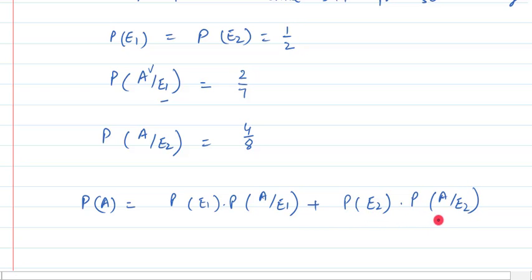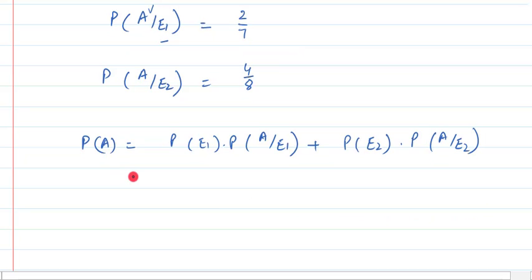This is the multiplicative law of probability. So now we need to just put the values. P(E1) is 1 upon 2, P(A/E1) is 2 by 7, plus P(E2) is again 1 upon 2 and P(A/E2) is 4 upon 8, that is 1 upon 2. So after simplifying this, you can find out the probability of selecting a white ball from the selected bag.